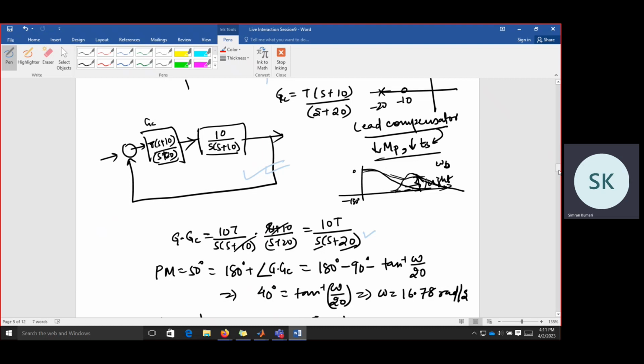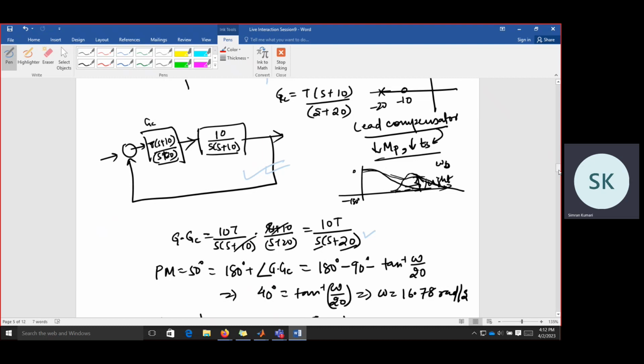We saw that if a system is given, what would be the transient response or steady state response, and in the frequency domain, what would be the response of the system. And once we know this analysis for a system, then we can say how to modify the system to achieve the desired performance.